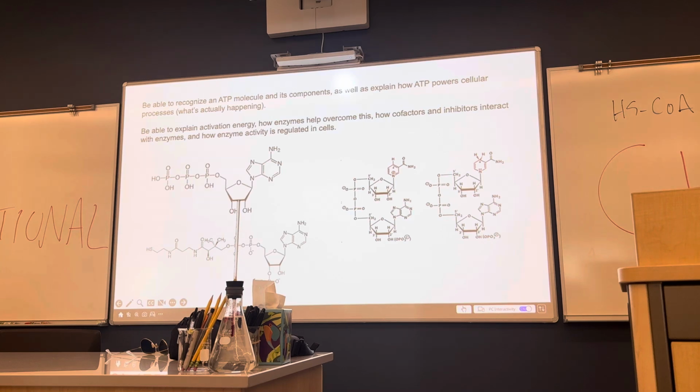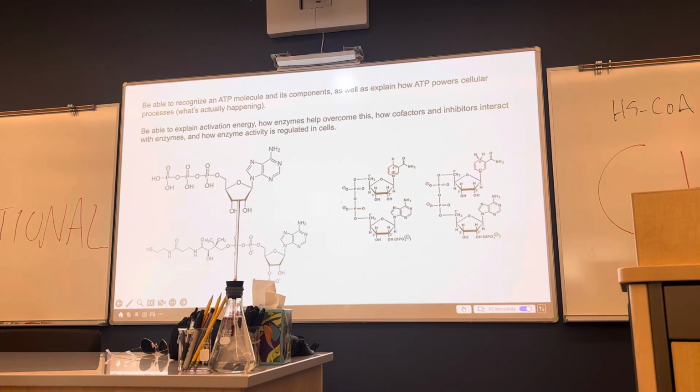Conformational change, right? It changes shape. Phosphate has a negative charge. So if you stick a phosphate to a protein, which has lots of positive and negative and polar groups, it's probably going to change its shape. And we call that conformational change. And that change in shape is what facilitates something happening.